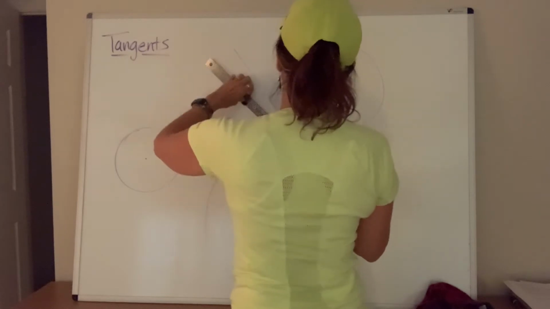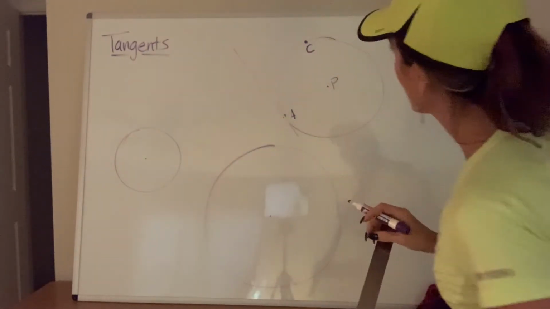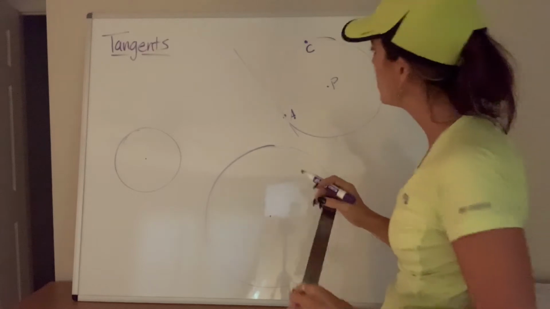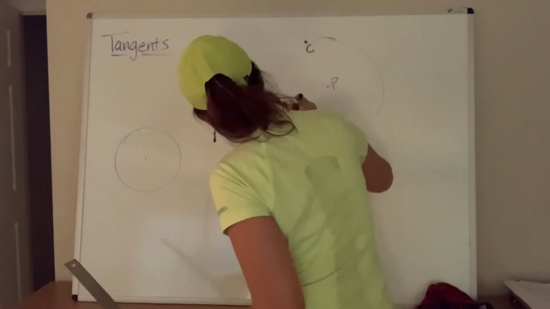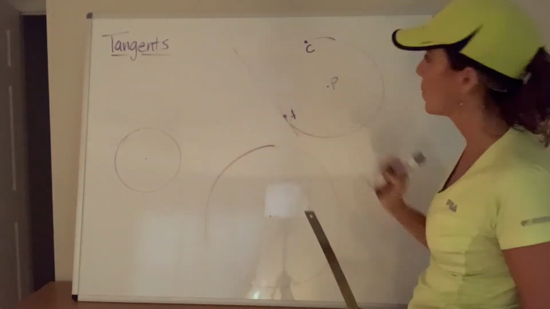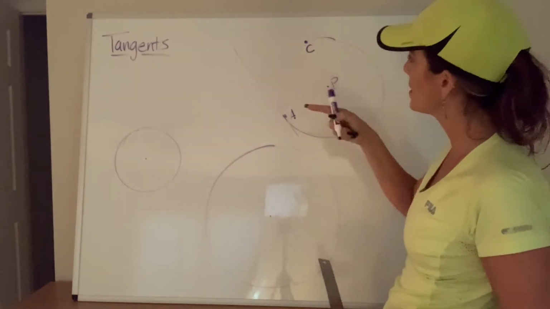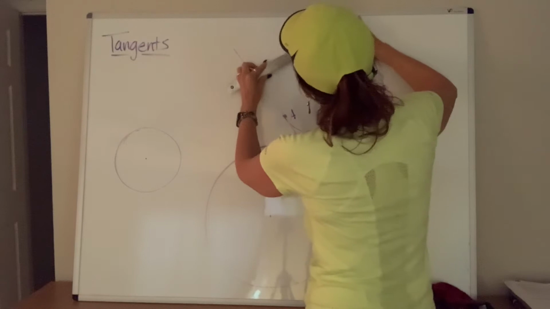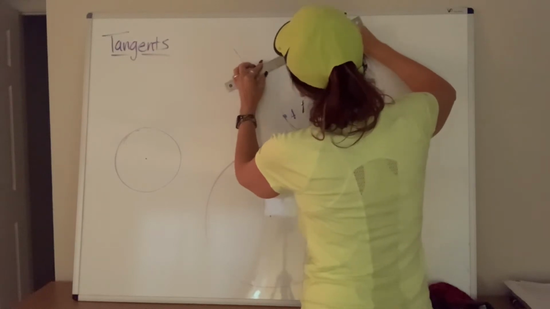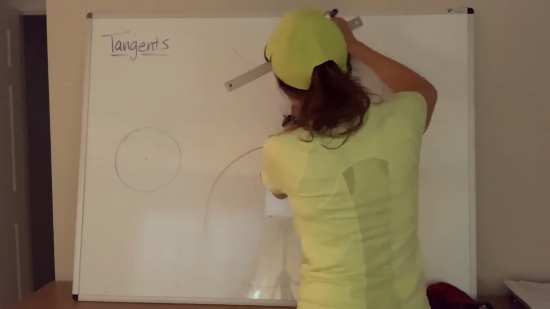And so, I'm going to do the same thing with C. I want to draw a line from C that only goes through the circle once, something like this.